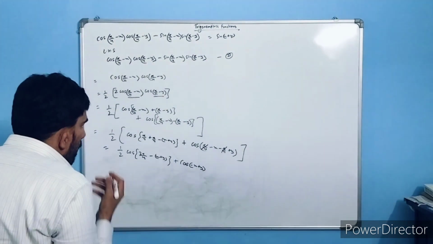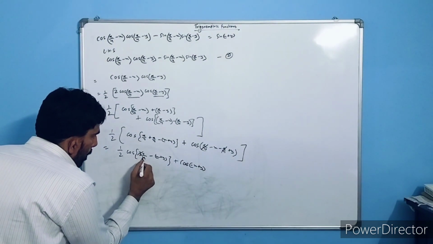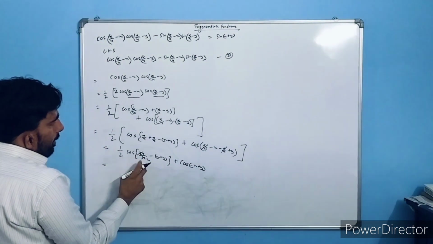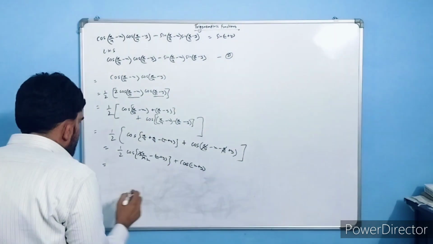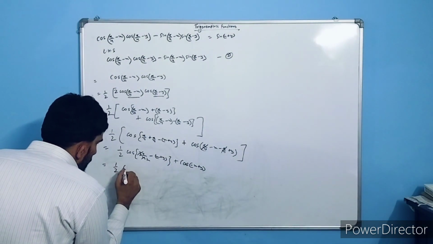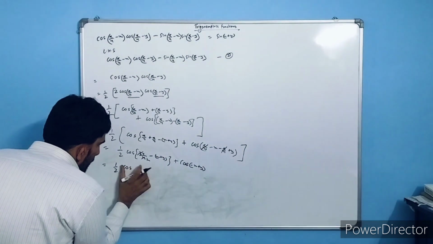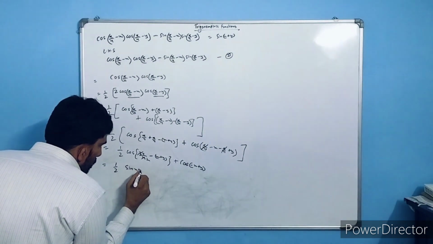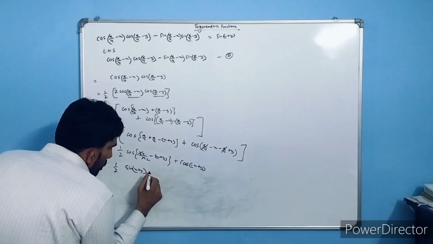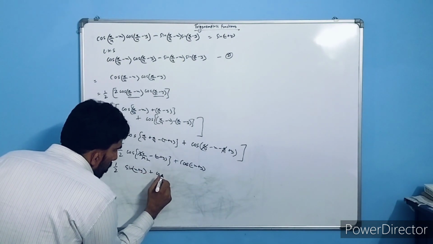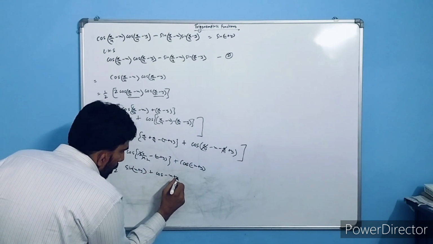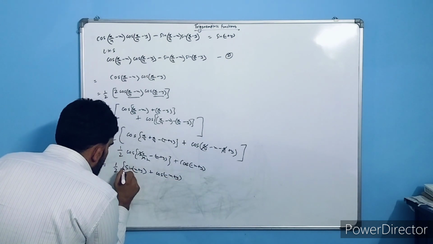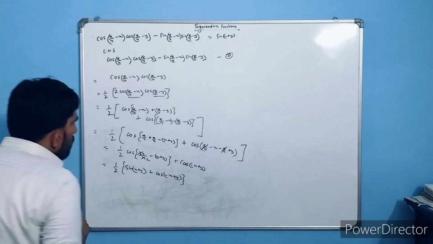Okay, so now I am left with this power 2. Now cos(90° − θ) is sin θ. So I got this: cos(90° − θ) will be sin θ, so sin(x+y) plus cos(−x+y). Okay, so now I am left with this.